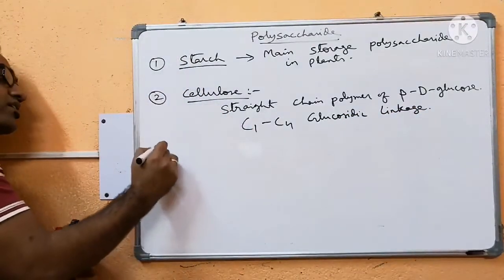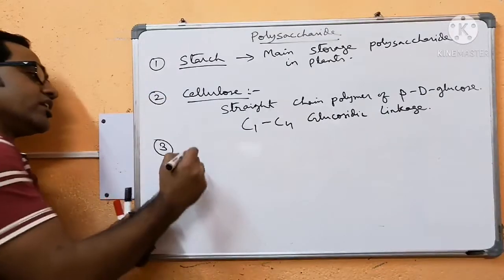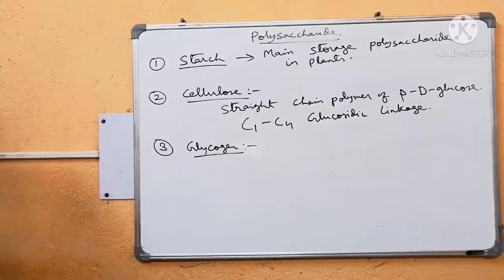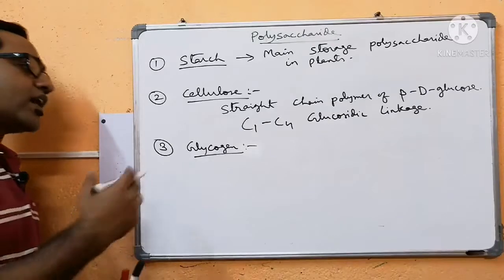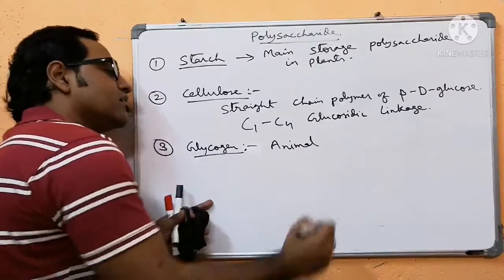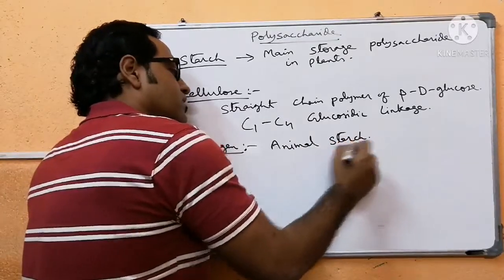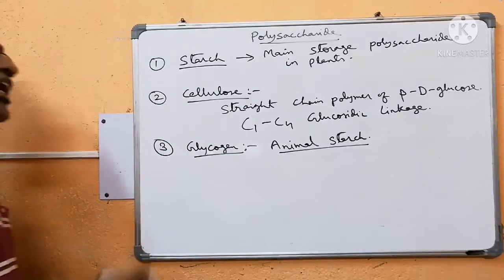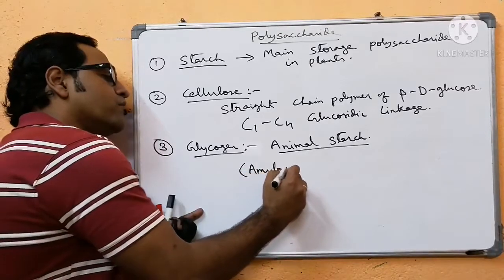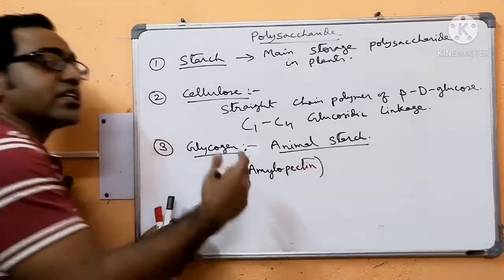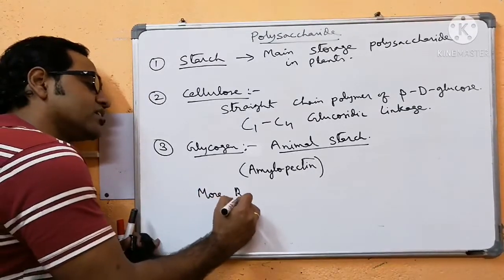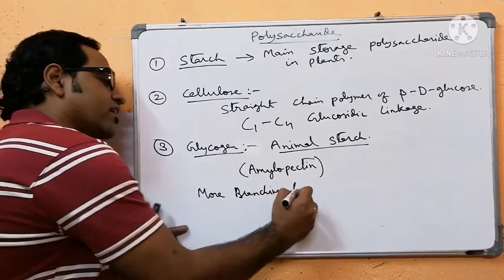The third polysaccharide is glycogen. This is an animal carbohydrate. It is also called animal starch, because it resembles amylopectin, but it has more branching than amylopectin.